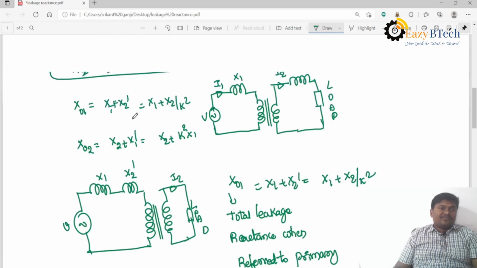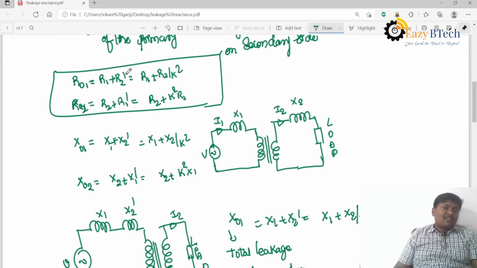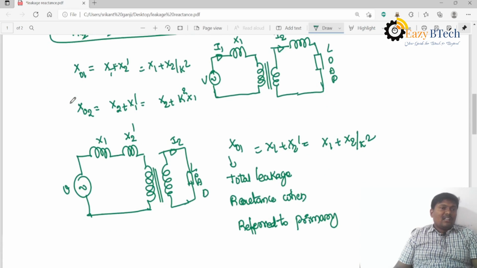So now the resistances are shifted from one side to another side. We already derived the total resistance when referred to primary is R1 plus R2 dash, that is R1 plus R2 by K square. Total resistance when referred to secondary is R2 plus R1 dash, that is R2 plus K square times R1, and X01 is equal to X1 plus X2 dash, similarly X1 plus X2 by K square.